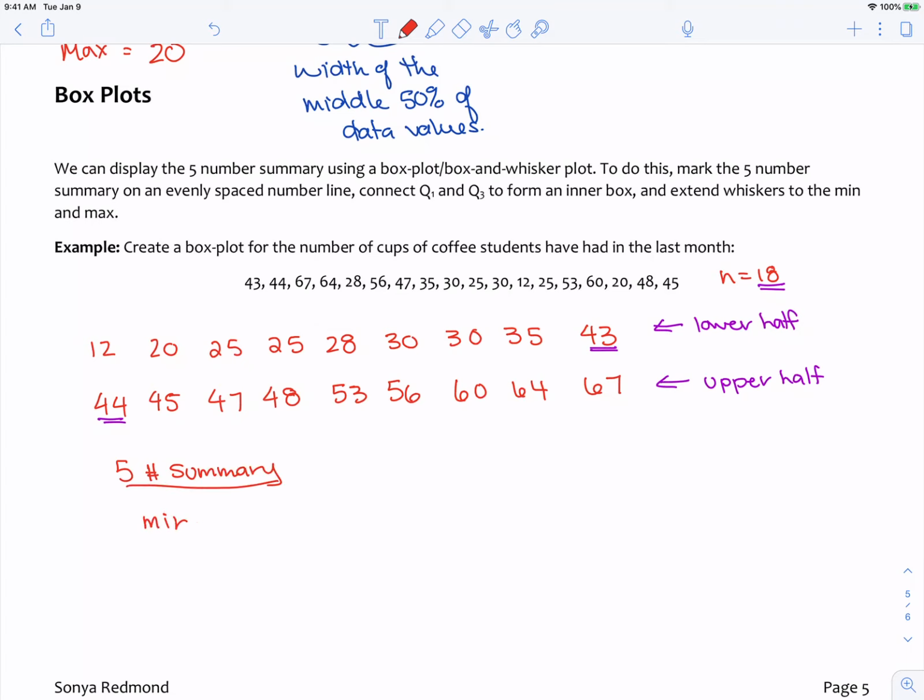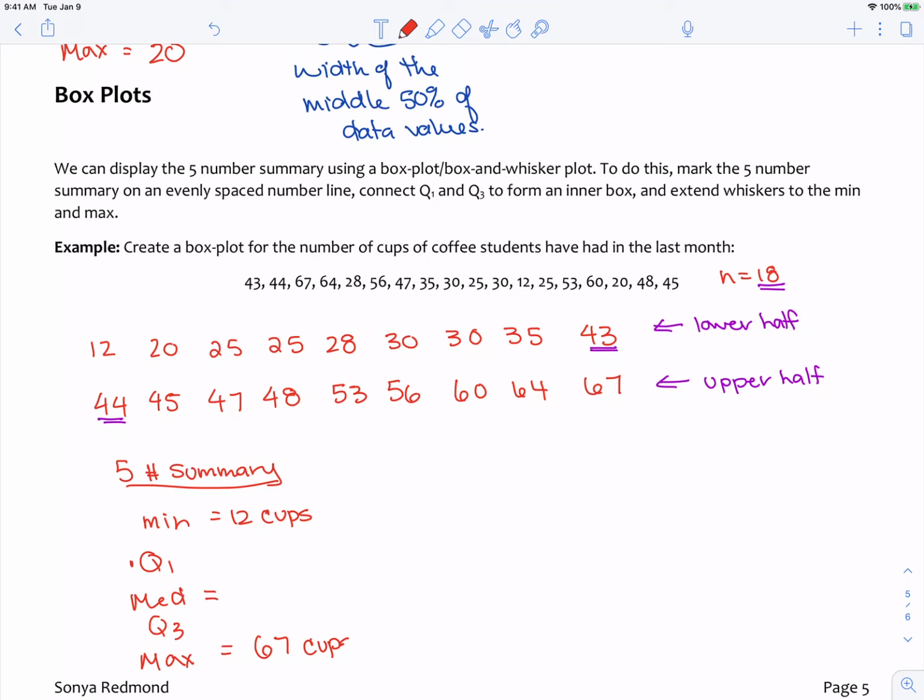We're going to have our minimum, which is just equal to 12, and this is cups of coffee. Then our Q1, median, Q3, maximum. So the maximum is 67 cups of coffee.